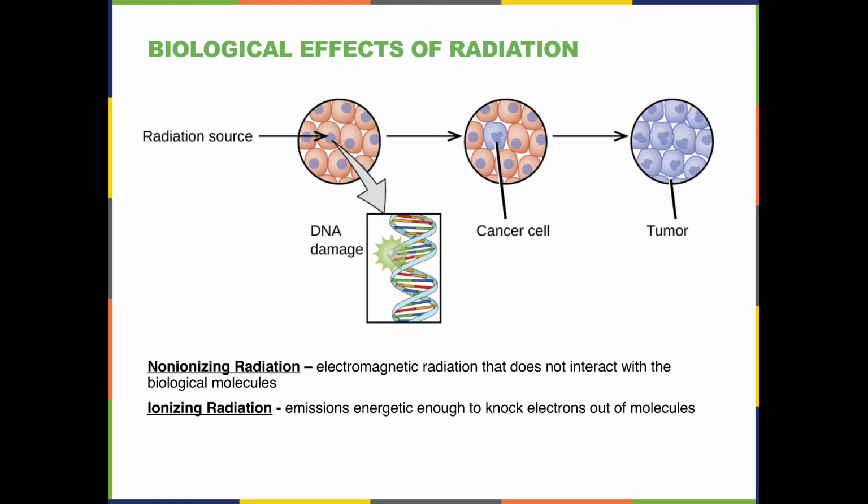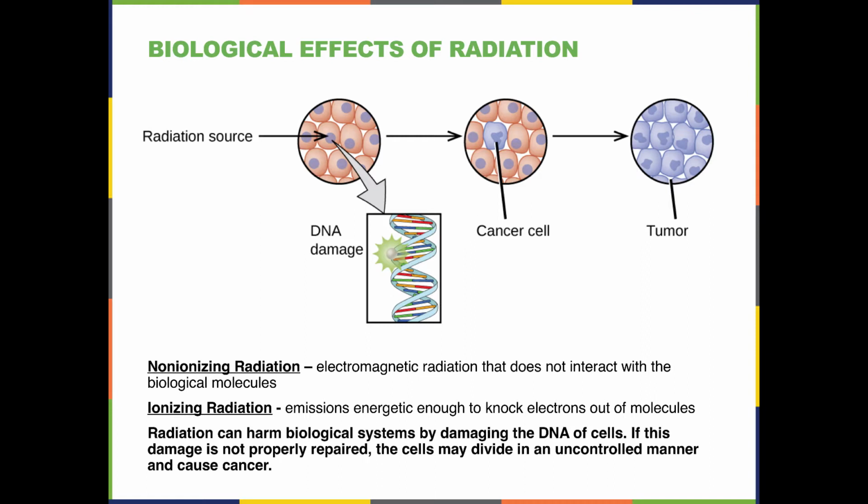UV, X-rays, gamma rays, alpha particles, beta particles, etc. are all forms of ionizing radiation. So radiation causes harm to biological systems by damaging the DNA. And this damage, if it's not repaired, ends up causing cancer.